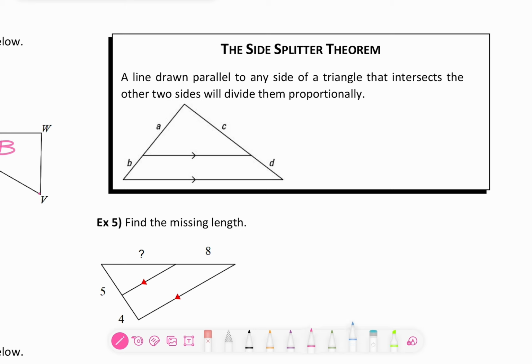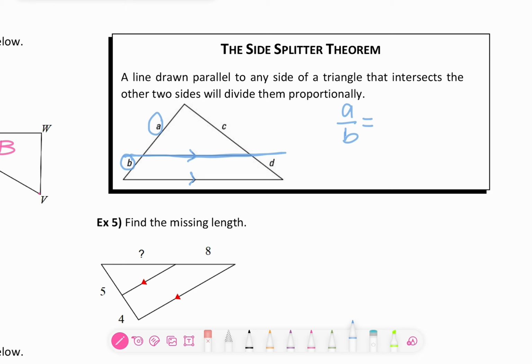Okay, so taking a look, we have these 2 parallel lines. Okay, one is the side of the triangle and one is in the triangle. And it's splitting the opposite sides here. Okay, so the side splitter theorem says that if I take the 2 portions that one side is split into and I make a ratio, so A over B, that's going to be proportional to or equal to another ratio of the portion that the other side is split into, right?